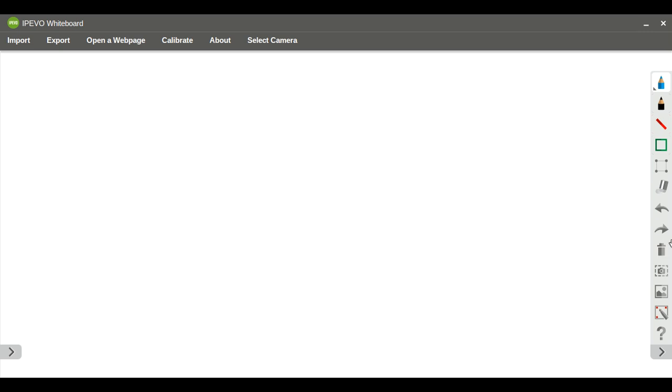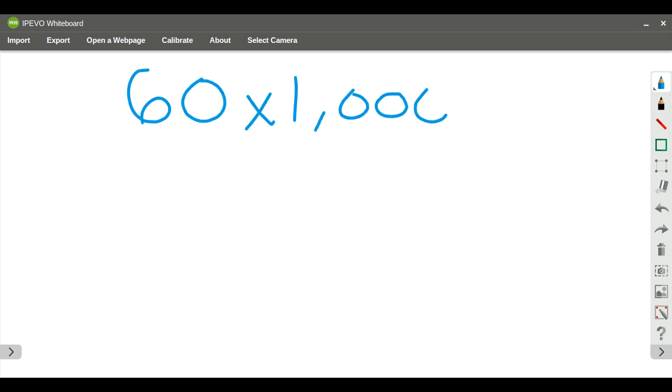Okay, so let's take a look. If I have 60 times 1,000, the 1,000 tells me that I'm going to have 3 numbers behind my value. So what I want to know is, if I do this, 1, 2, 3, is this value correct?